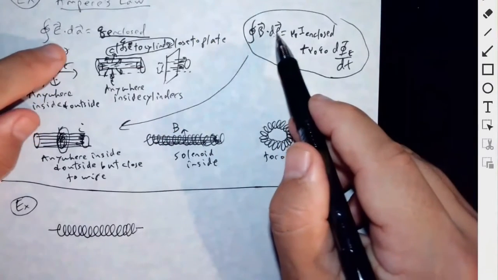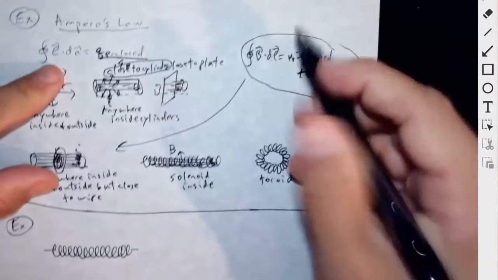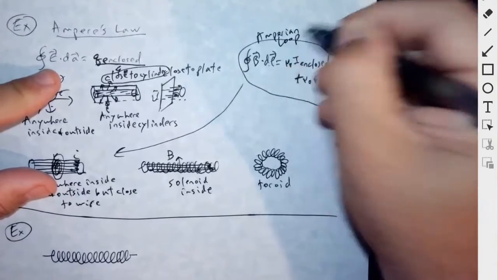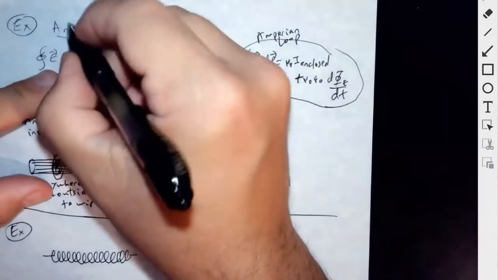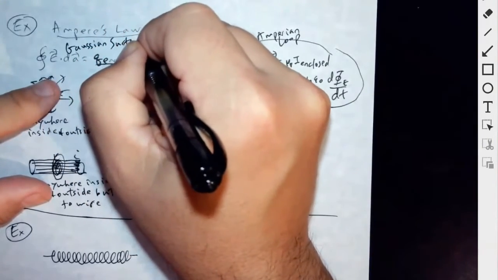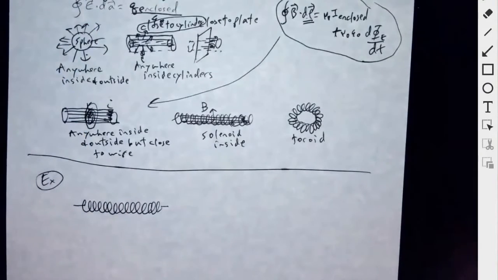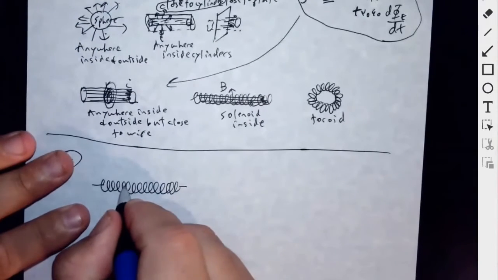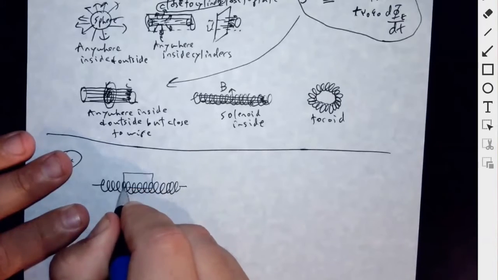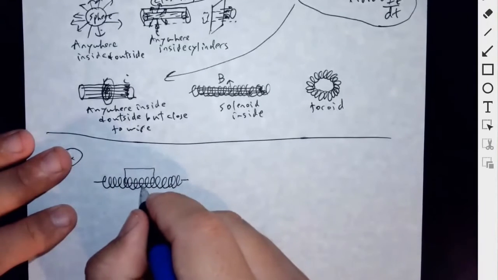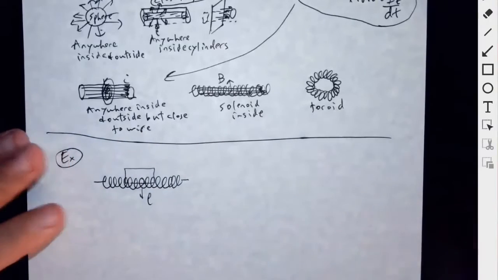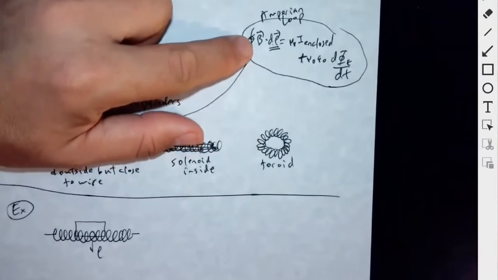Instead of a Gaussian surface, we do an Amperian loop, because it's a line integral. And here we do a Gaussian surface. So the Amperian loop that we do might look something like this, go like this, go out, go like this, go in, right? So let's say the length of that is L, right? And then we're going to analyze Ampere's law.